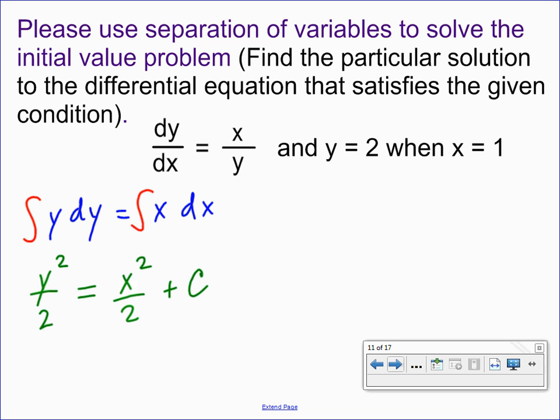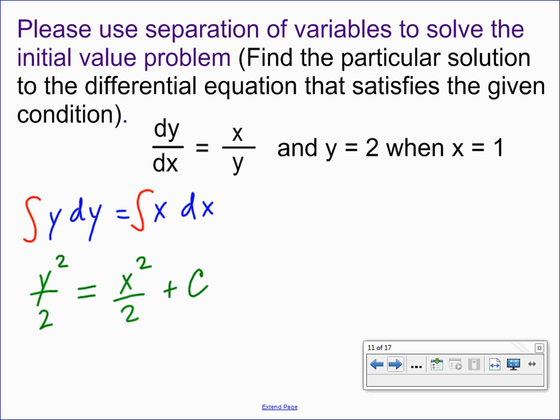I want you to know that as soon as we've integrated, we have the option of plugging in my initial value when y equals 2 and x equals 1 and solving for c. So we do have that option of doing that right now. It's good practice to find the general solution and then plug in last, and sometimes one way is easier than the other, but it's difficult to tell.